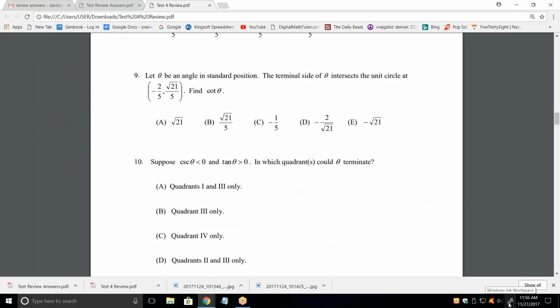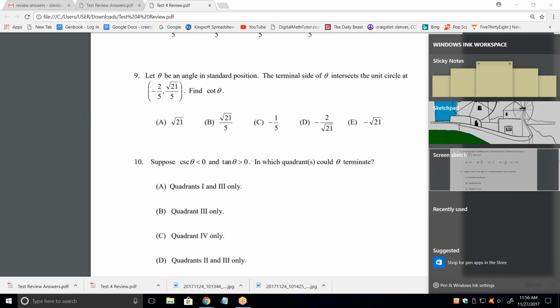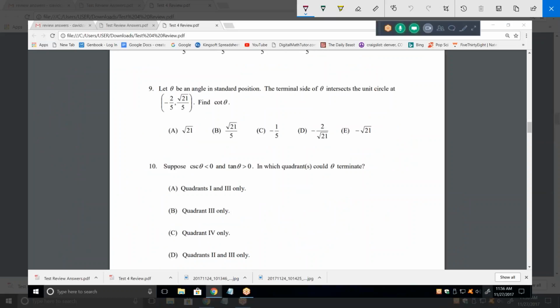Well, I don't know if we can do this one in 5 minutes or not. Well, let's draw their model. We have the unit circle. I know that has a radius of 1. And they're saying that it intersects the unit circle at -2/5 and that.